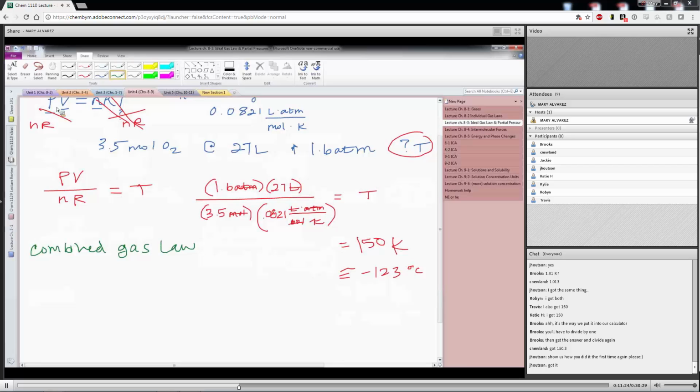And that's where we can say if PV is equal to nRT, then PV divided by nRT is going to be equal to 1. That was going to be constant.